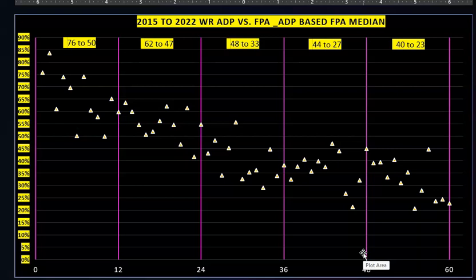The next block is 62 to 47. Notice the gap is getting closer. 48 to 33. 44 to 27. 40 to 23. So notice 24th down. So wide receivers 3, 4, and 5 in these quadrants here.